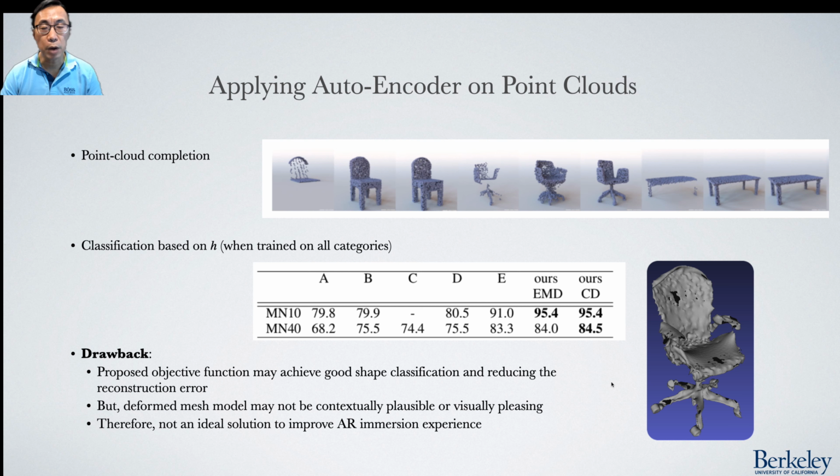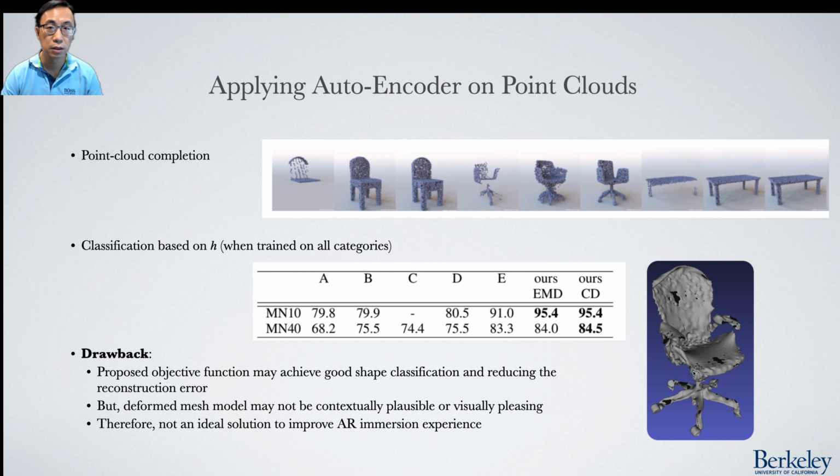However, in our experiment with augmented reality immersive applications in mind, we found that the proposed objective function tends to generate deformed mesh models that are contextually not plausible or visually not pleasing, such as one example provided on the right.